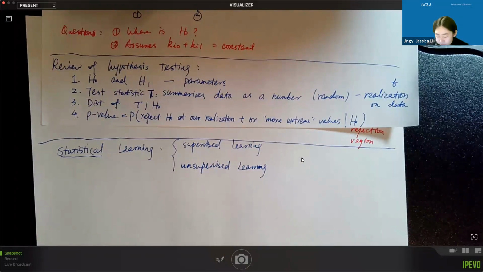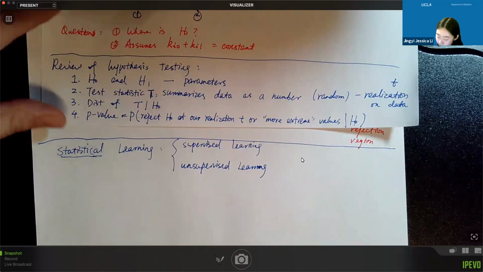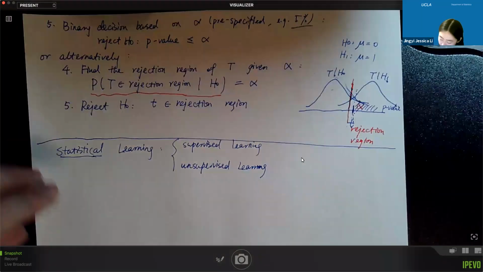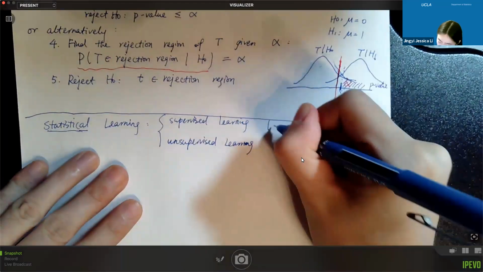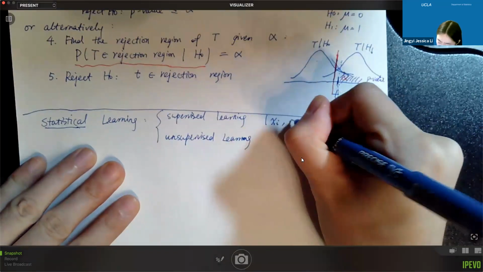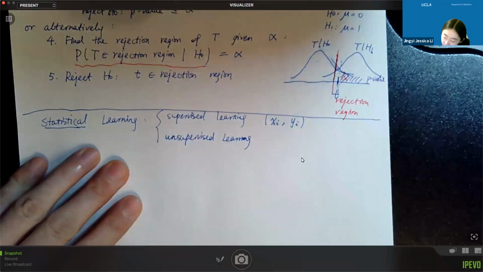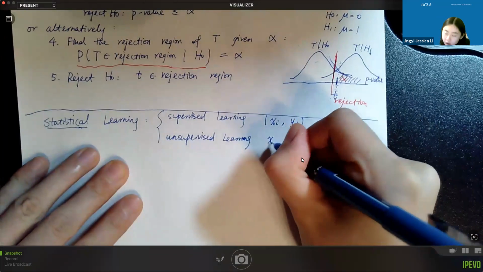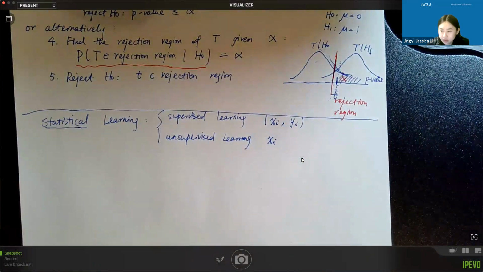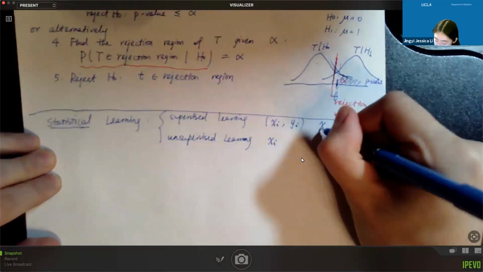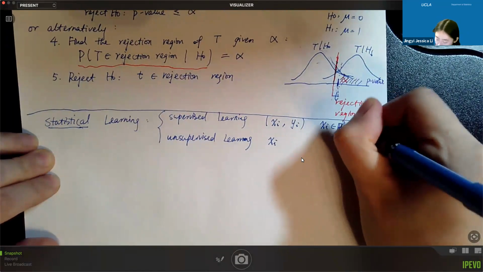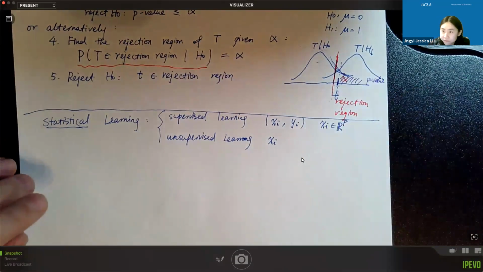The key difference between supervised and unsupervised learning is that for every data point, or the ith observation, we have xi and yi for supervised learning, while for unsupervised learning we only have xi. The notation usually means that xi is a p-dimensional vector, which you can consider to be p features.